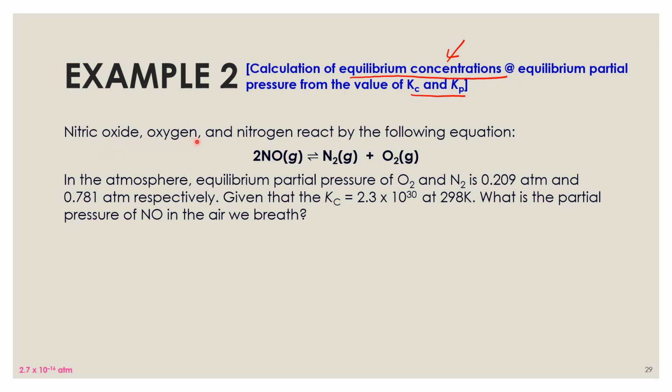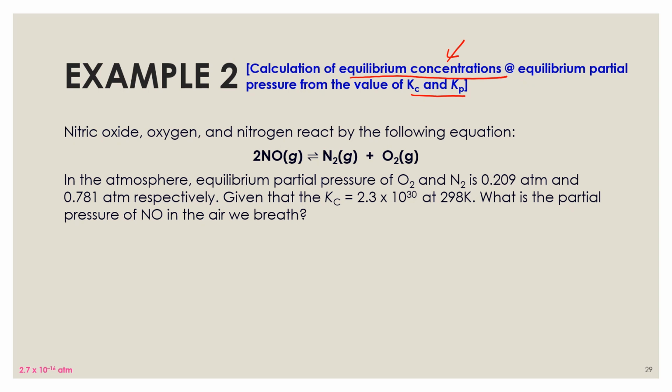Nitric oxide, oxygen and nitrogen react by the following chemical equation. In the atmosphere, equilibrium partial pressure of oxygen and nitrogen gas are given respectively. And also we have the value of the Kc in the equation at 298 Kelvin. And what is the partial pressure of NO in the air we breathe?